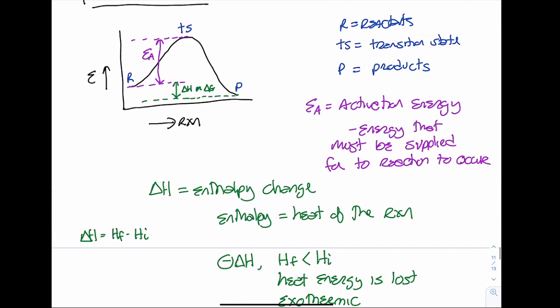So looking back up here, I did write delta G as an option for our energy change between reactants and products. That is the way that I had learned it, and I actually prefer it because it's usually not just a heat change, right? We also do generally have a change in entropy.